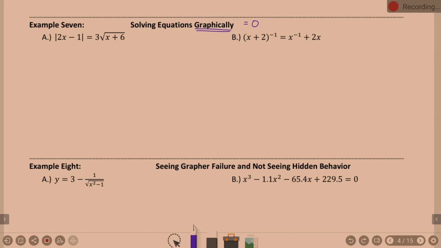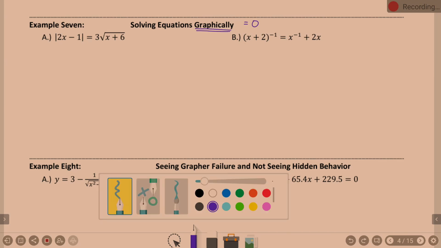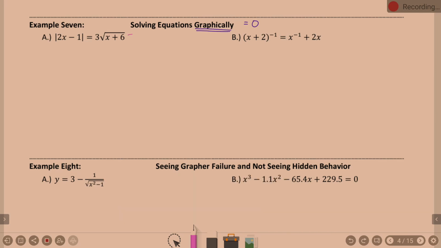How can I move that over to the left? Subtract it. We're going to subtract the term 3 times the square root of x plus 6. Because it's one radical with a number multiplied in front of it, we can move it all as 1.